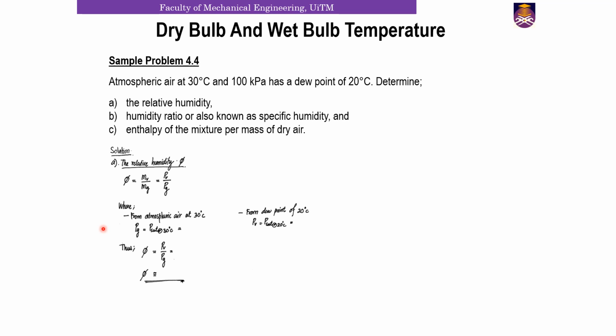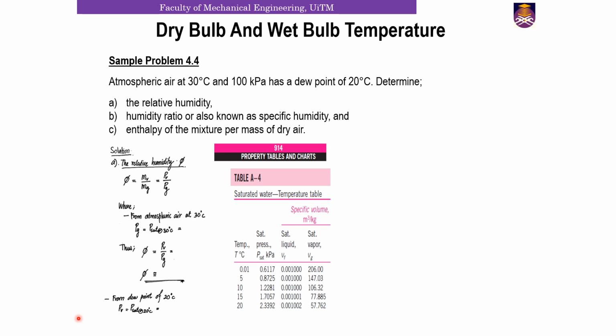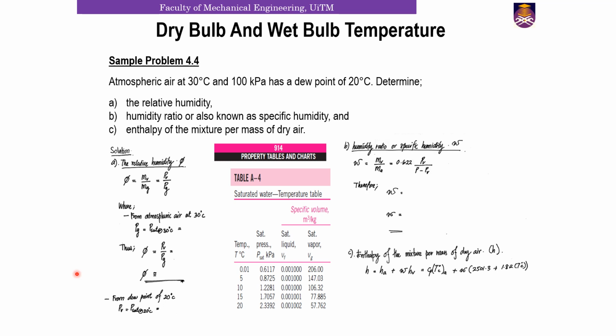And PV is the P saturation at the dew point, 20 degrees C, which is also easily found from the table. You can refer to table A4. That will give you the values, and you will be able to find the relative humidity.